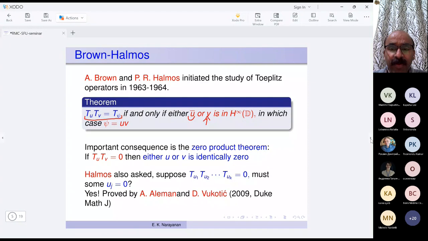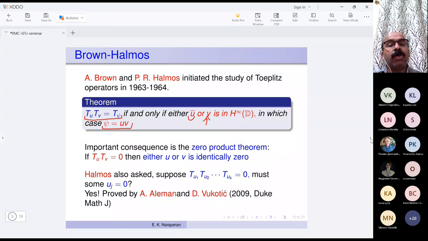In which case, you also have that algebra homomorphism property, that psi equals u times v. So whenever T_u T_v equals T_psi, one of those things has to happen. Either u bar or v is a bounded holomorphic function on D, which means that the negative Fourier coefficients of u bar or v, one of them should be 0, right? In which case you also have the product.